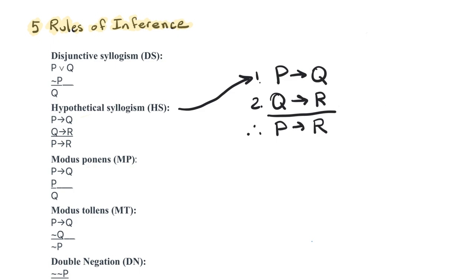The hypothetical syllogism forms a type of chain where the consequent of one conditional claim is the same as the antecedent of the other conditional claim. The way we know a hypothetical syllogism is valid, that is, you'll never have a case where the premises are both true and the conclusion false, is because of the way that the Q works here.